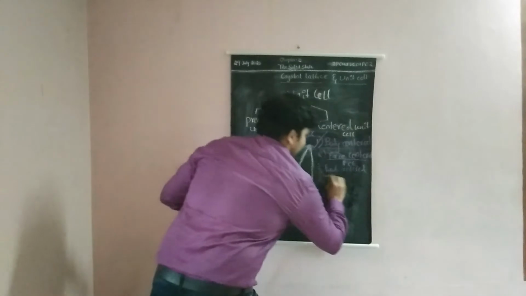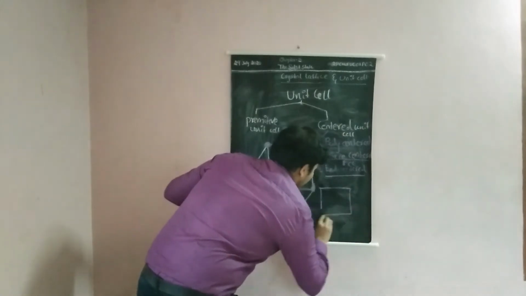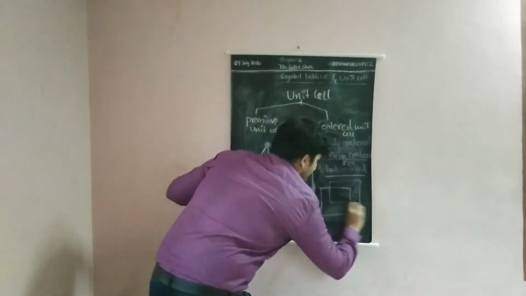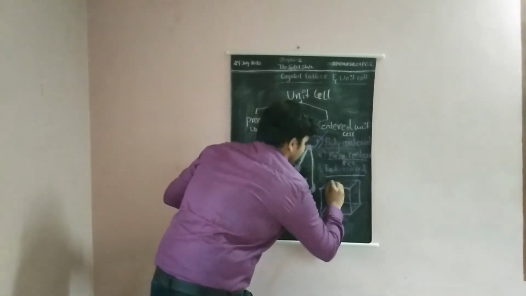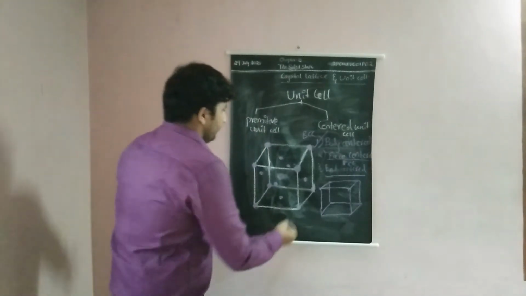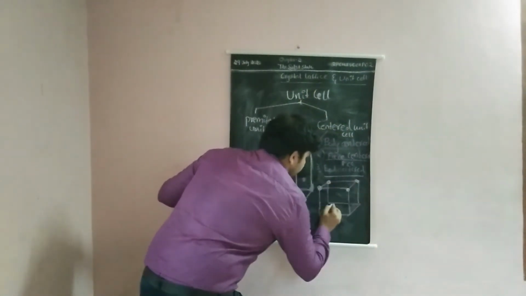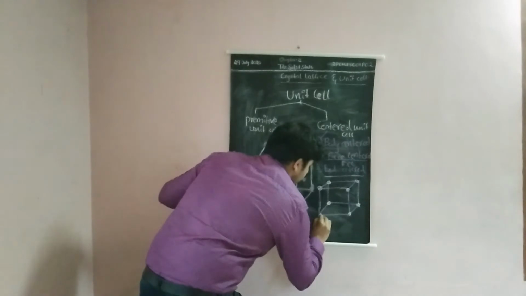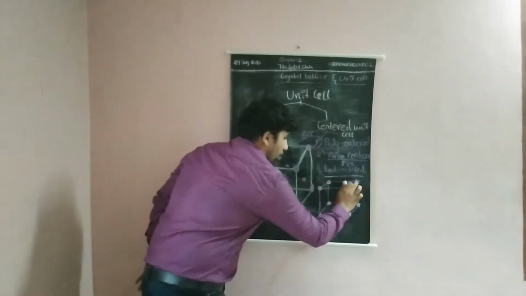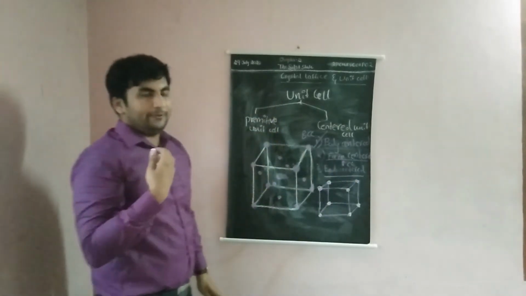Then the end centered unit cell. If I consider a simple unit cell, end centered means eight constituent particles are at the corners, along with constituent particles on any 2 opposite faces.